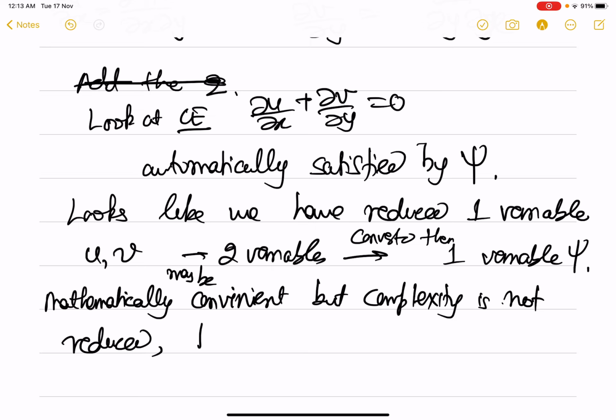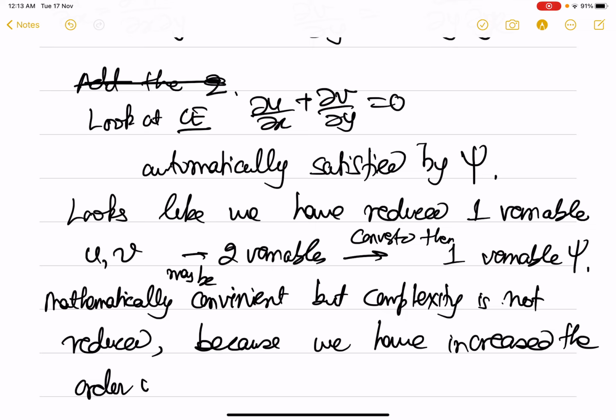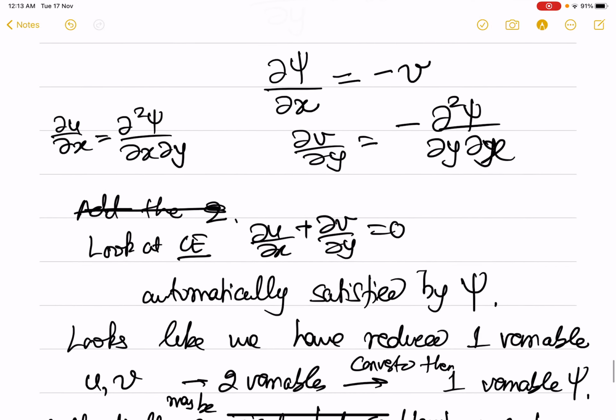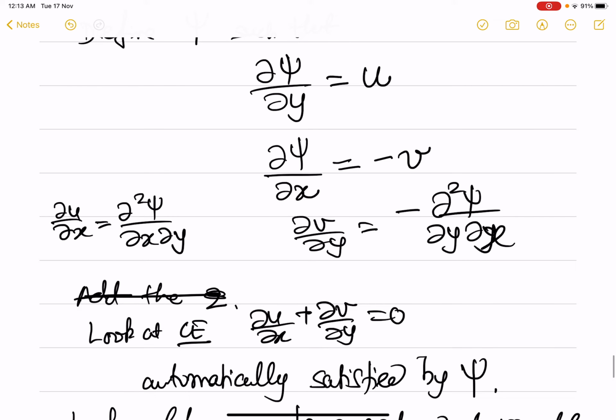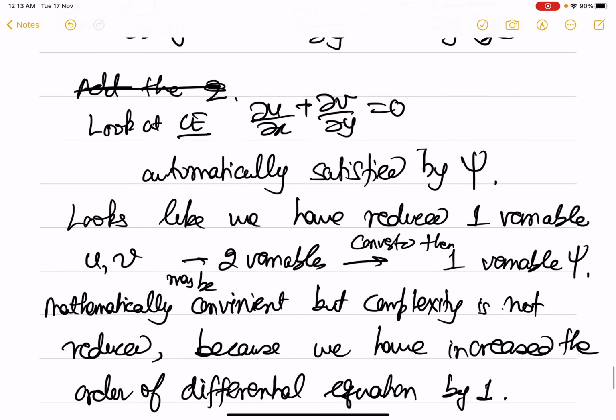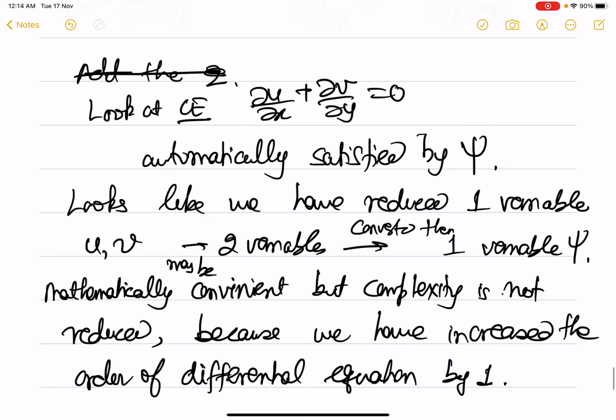Why? Because we have increased the order of the differential equation by 1. What I mean by this is, if there was a u term, it becomes a first derivative of psi. So if the equation has a second derivative of u, we will get a third derivative of psi. So we have increased the order of the differential equation by 1.